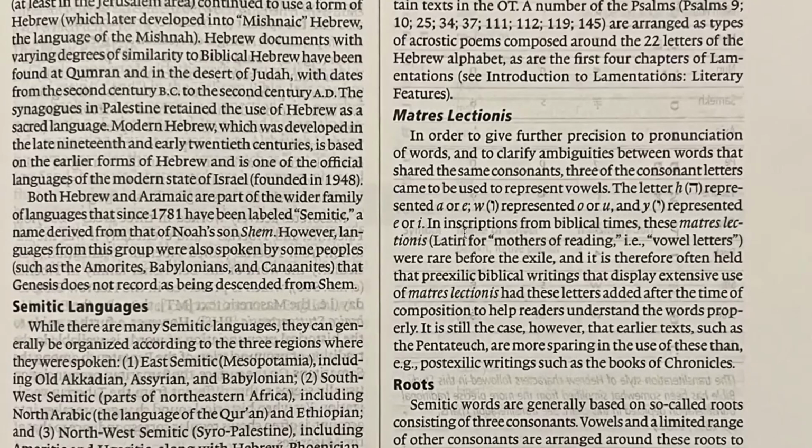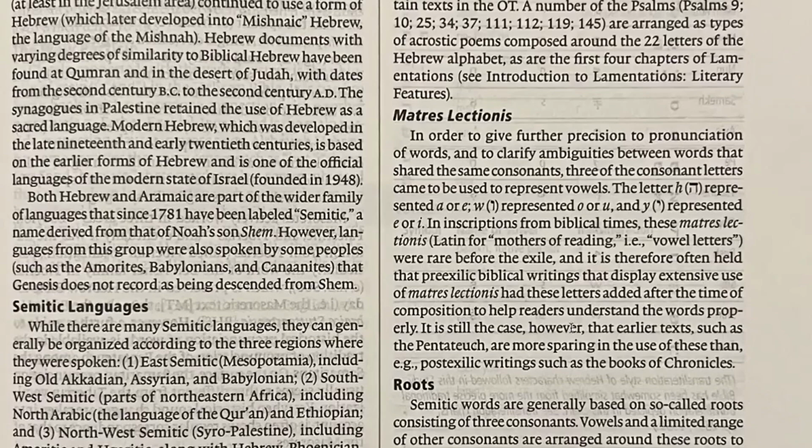In inscriptions from biblical times, these matres lectionis, Latin for mothers of reading, i.e., vowel letters, were rare before the exile, and it is therefore often held that pre-exilic biblical writings that display extensive use of matres lectionis had these letters added after the time of composition to help readers understand the words properly.